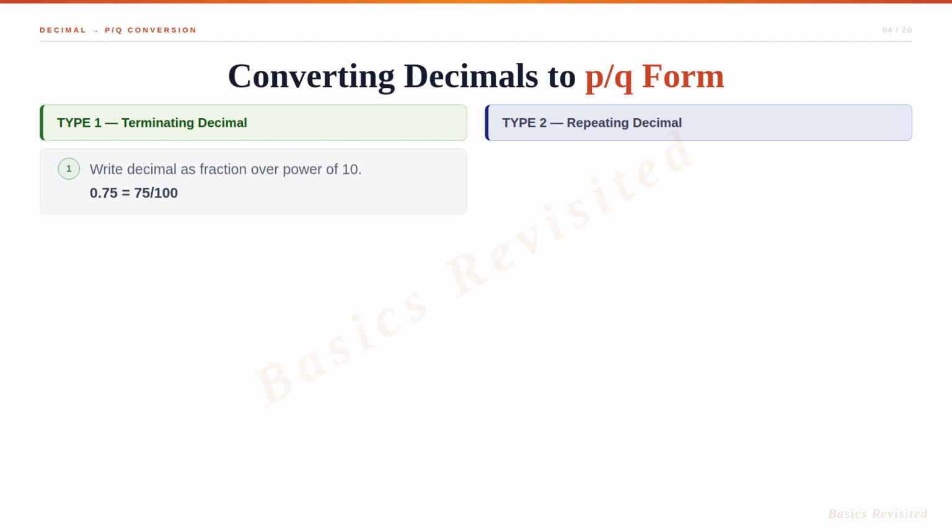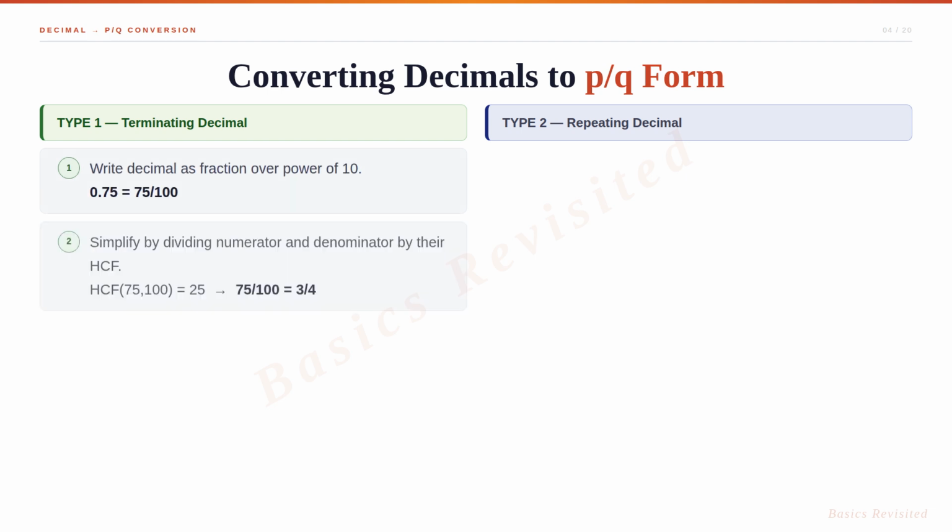For 0.75, we write 75 over 100. Step 2. Simplify the fraction by dividing numerator and denominator by their highest common factor. HCF of 75 and 100 is 25, so 75 over 100 simplifies to 3 over 4.